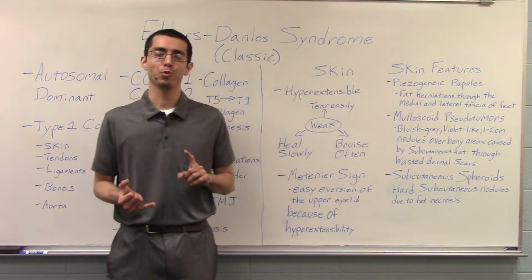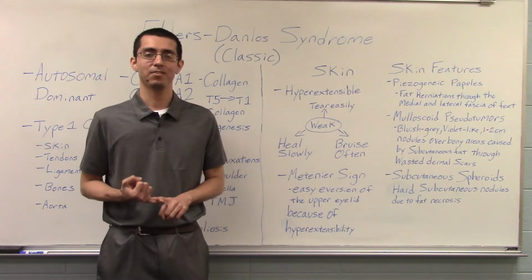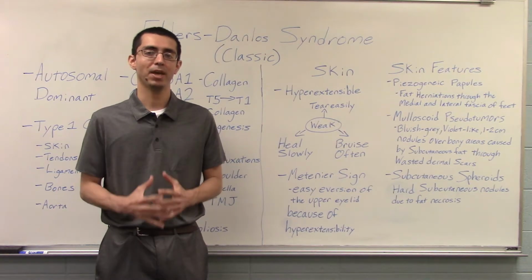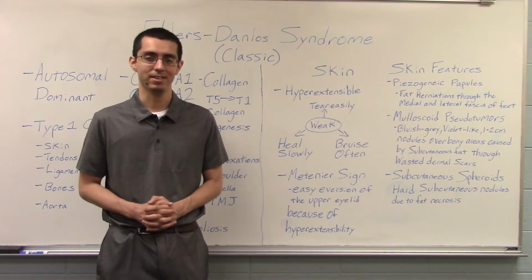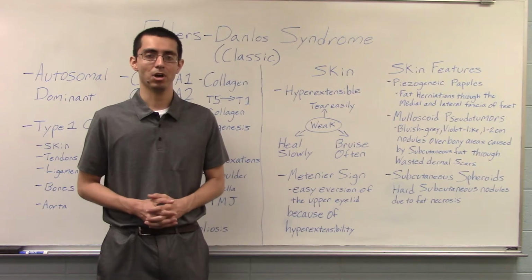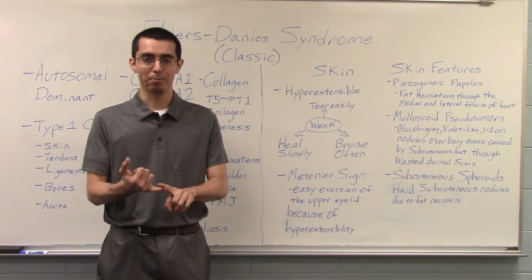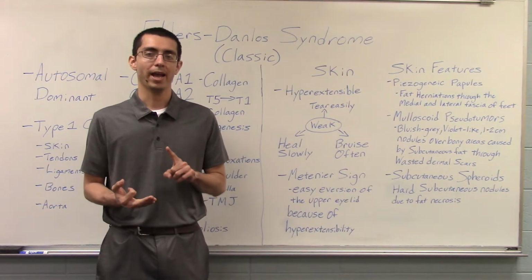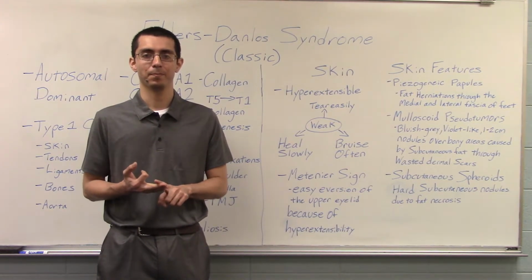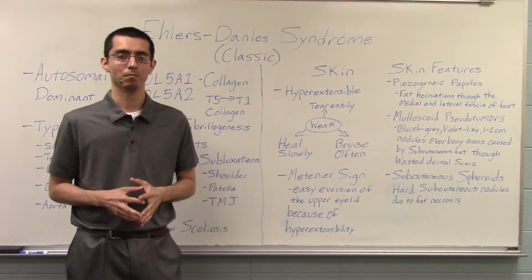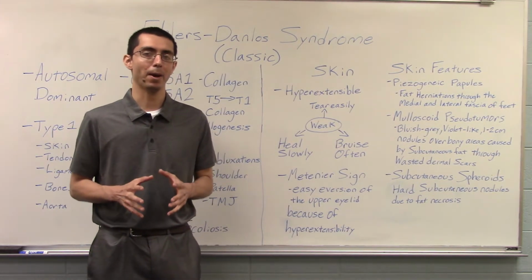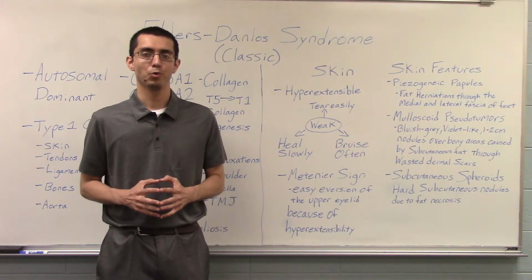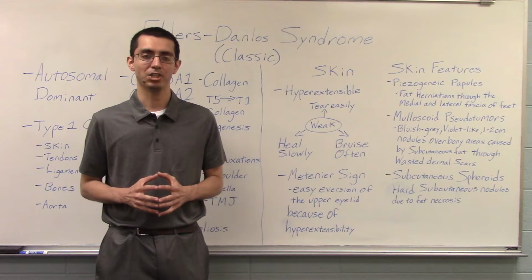There are three key skin features that may be present in a patient with classic EDS. And these are piezogenic papules, molluscoid pseudotumors, and subcutaneous spheroids. Piezogenic papules are fat herniations through the medial and lateral fascia of the feet.